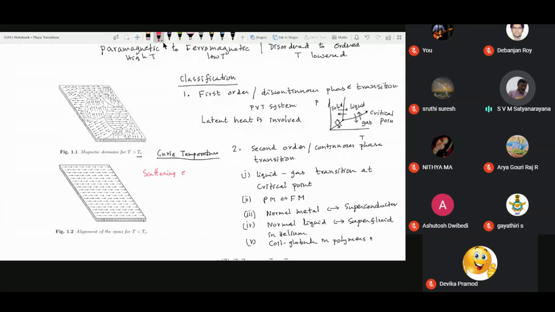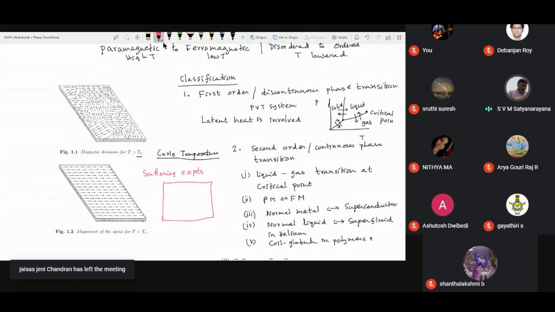Scattering experiments give us a wealth of information about what happens at phase transitions. For example, take the liquid gas phase transition at the critical point. Then you will see that there is nothing like a particular solid phase that is nucleated and growing.